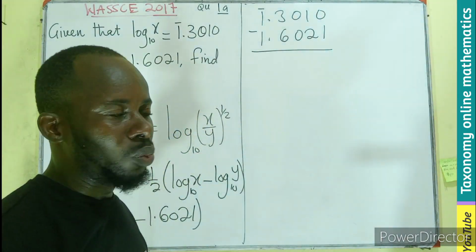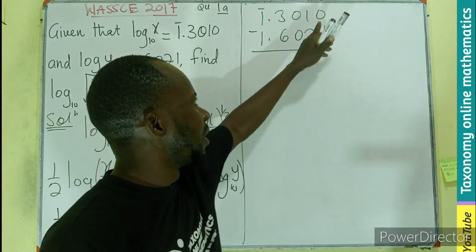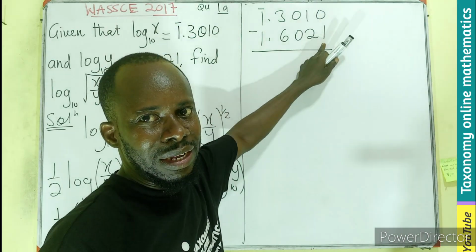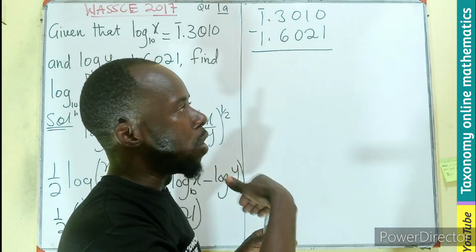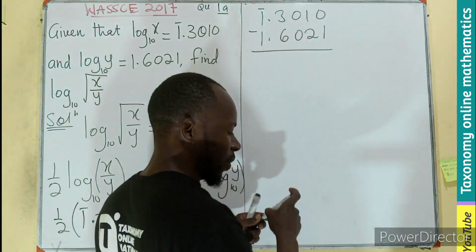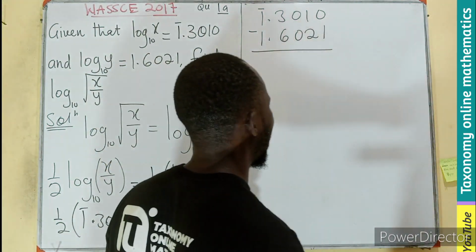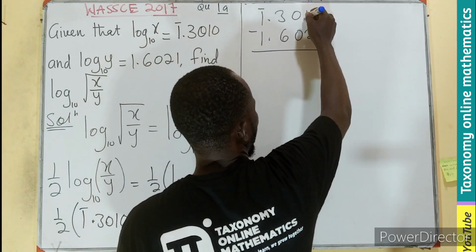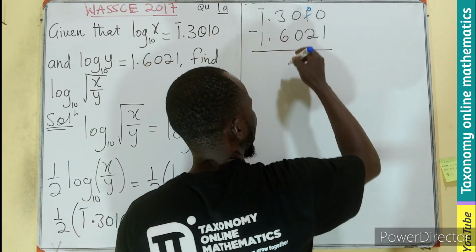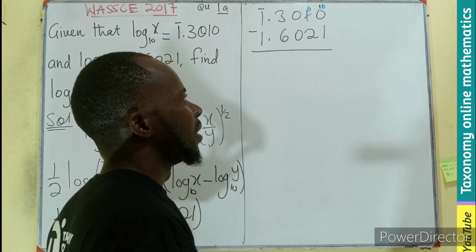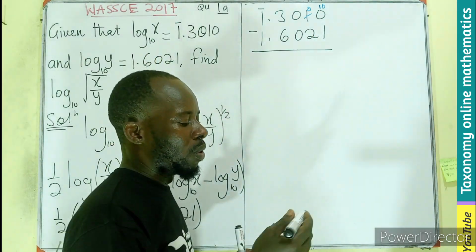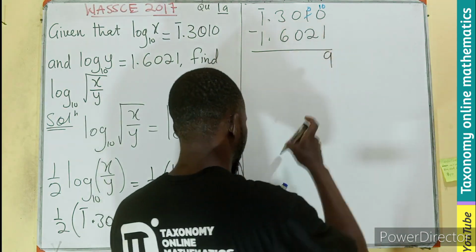In the normal subtraction, 0 minus 1 is not possible, so we borrow all round. If we borrow from the first number here, the 1 becomes 0. Then when we bring it here, it becomes 10. Then 10 minus 1 gives us 9.